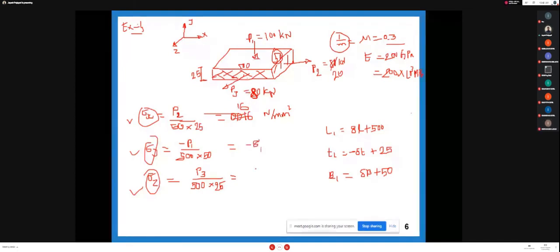And last one. Okay, let us verify: just take P1 as 100 into 10 power 3 divided by this area. It is a simple calculation, I don't understand why two answers come. Okay, -4, then in the last 6.4. 6.4.